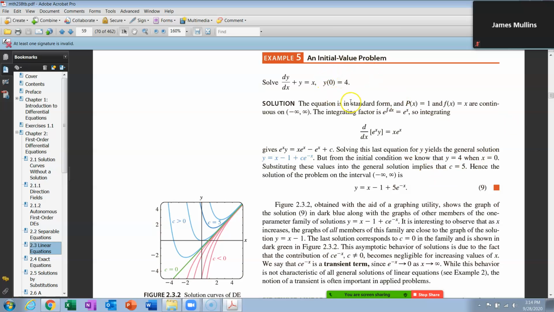All right, here's example 5. Initial value problem here. The p of x equal 1, f of x equal x, are continuous everywhere.